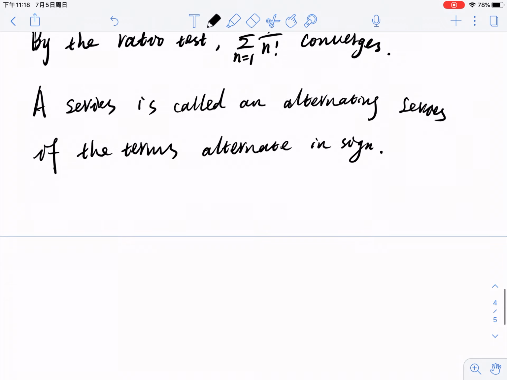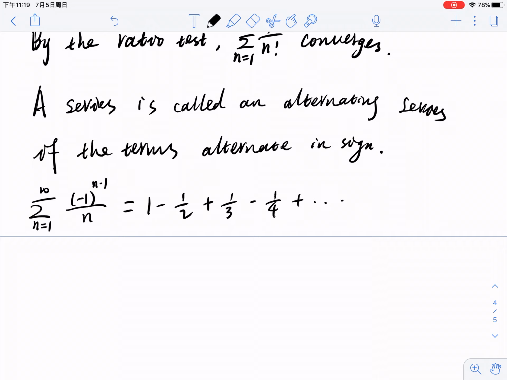For example, the series n from 1 to infinity of negative 1 to the n minus 1 over n. So the series is 1 minus 1 half plus 1 third minus 1 fourth, and so on.